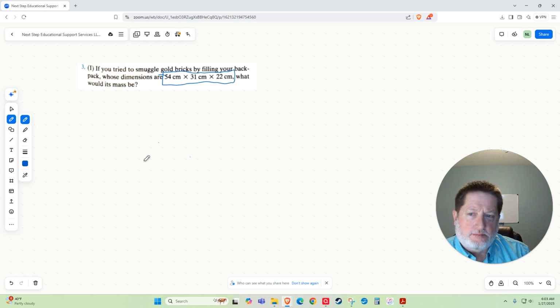And you may know we can calculate the volume based on those, based on length times width times height. And they're asking for the mass.